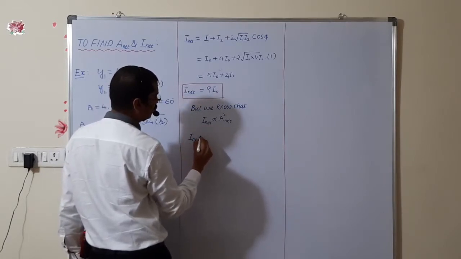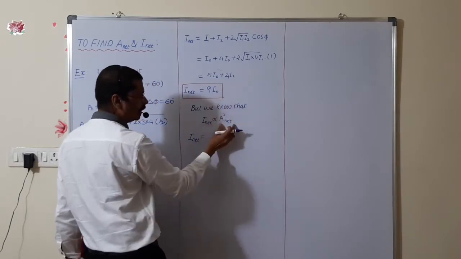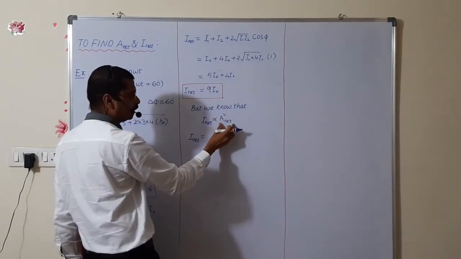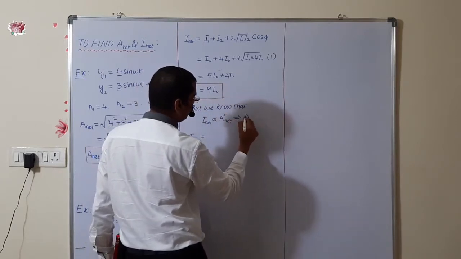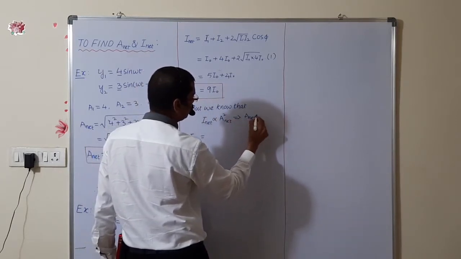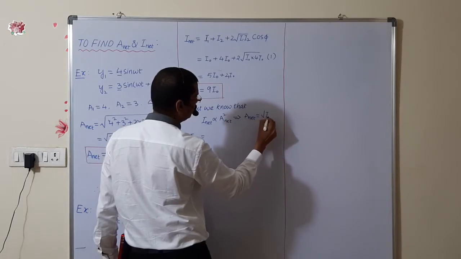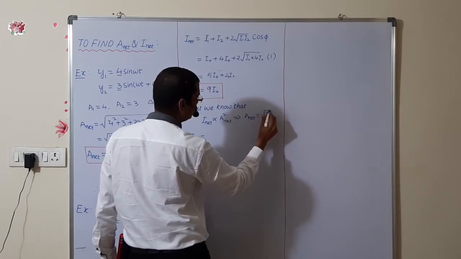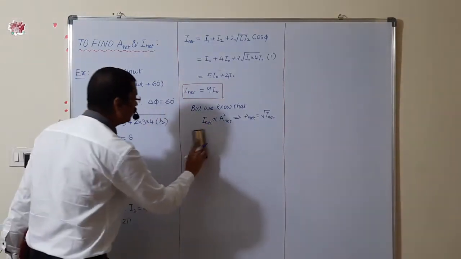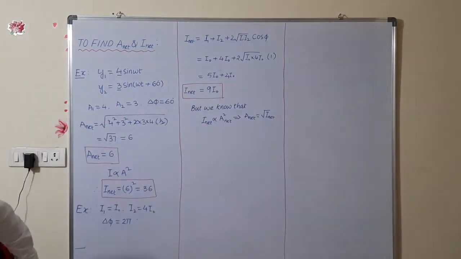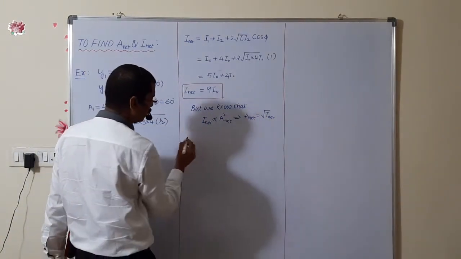I net is equal to square of A net, and we have to find A net. A net is equal to root of I net. Here we have the I net value. By using the I net value, we have to find A net.